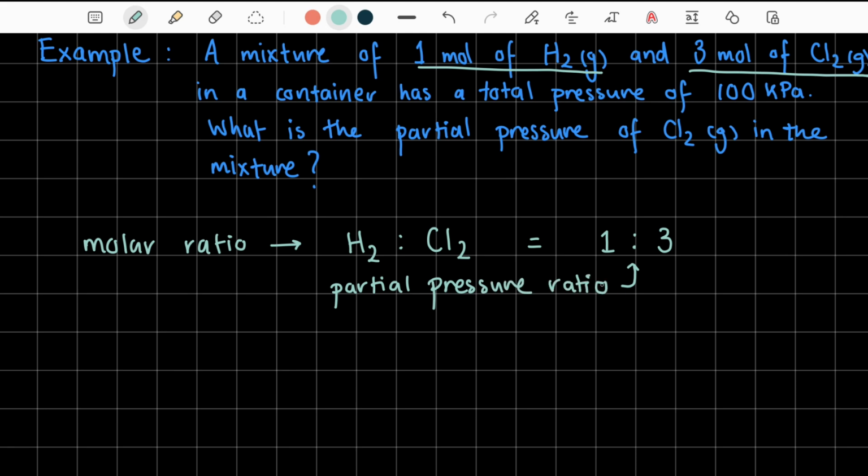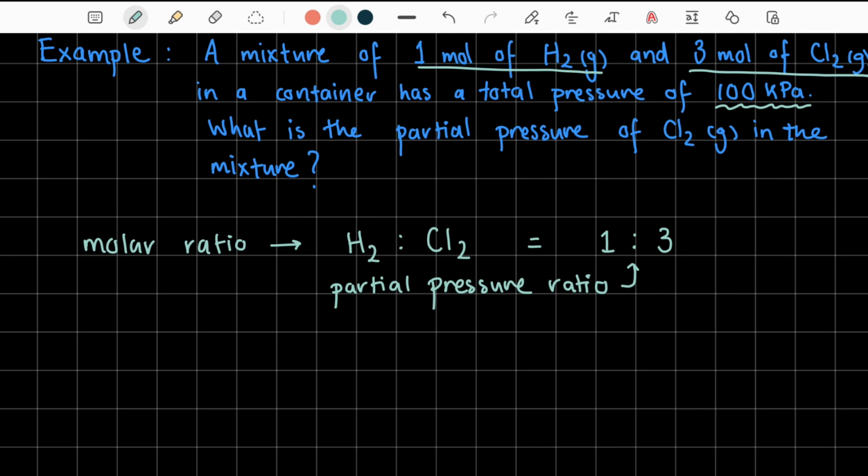Now, how does this help us to find our actual partial pressures? Well, if we have the total pressure, we can use the ratio of partial pressures to find the pressure of each individual gas.